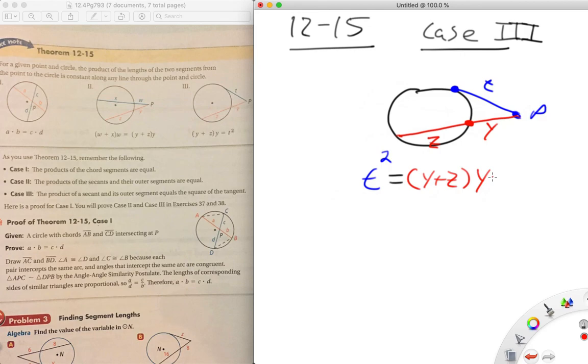And they all have their own separate equations. Alright. That's case number 3.